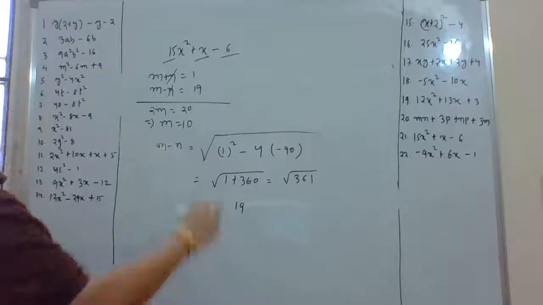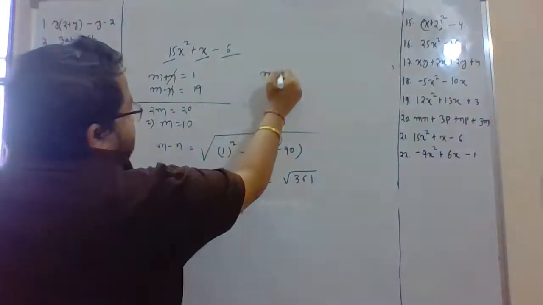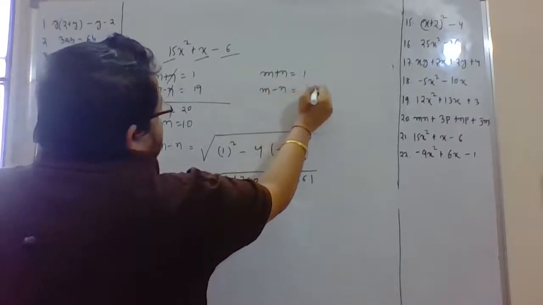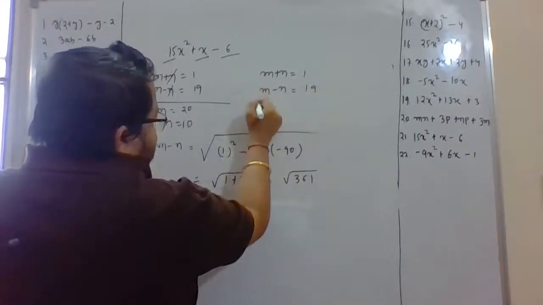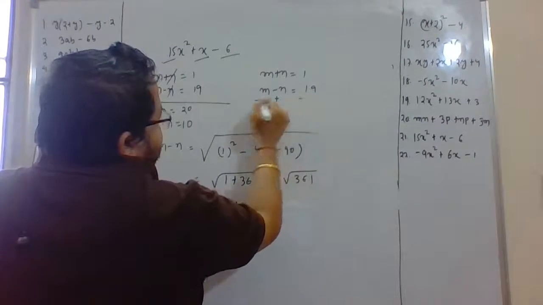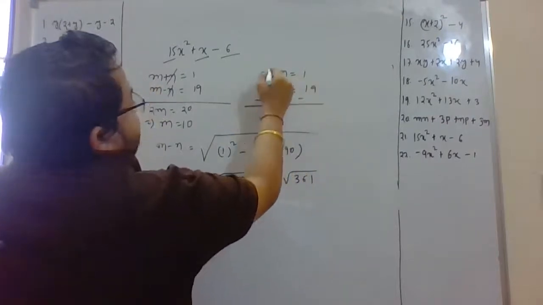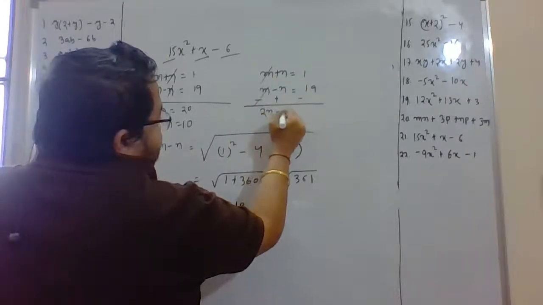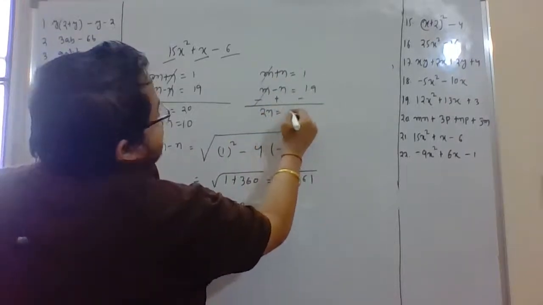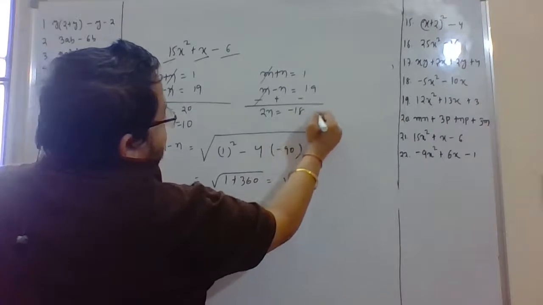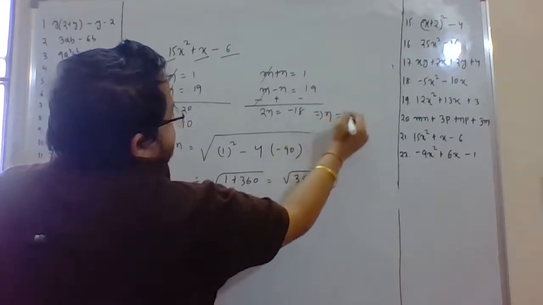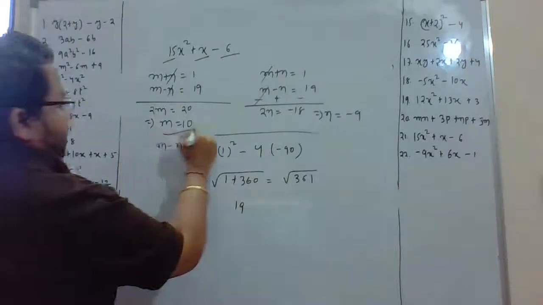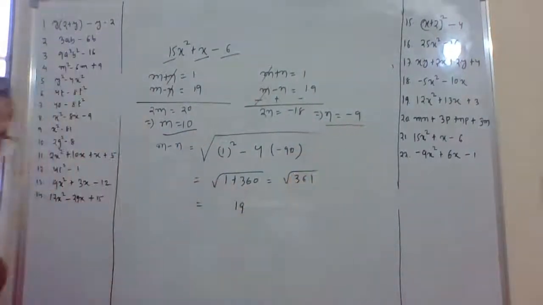Similarly, if we subtract both equations, m minus m cancels out, 2n equals 1 minus 19, that is minus 18, or n equals minus 9. So m is plus 10, n is minus 9.